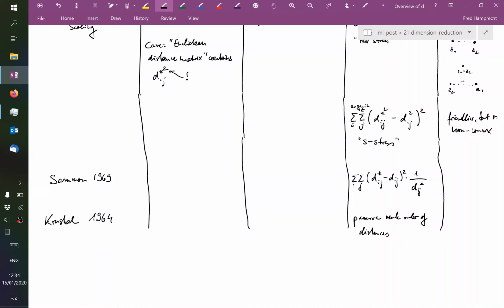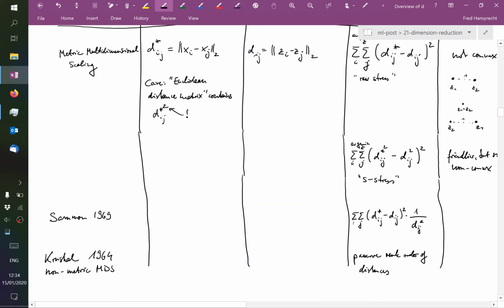So that formula is correct, according to Wiki. Thanks, Manuel. All right. So preserve the rank order of distances, and this is then also sometimes called non-metric multidimensional scaling. So multidimensional scaling is usually abbreviated MDS.